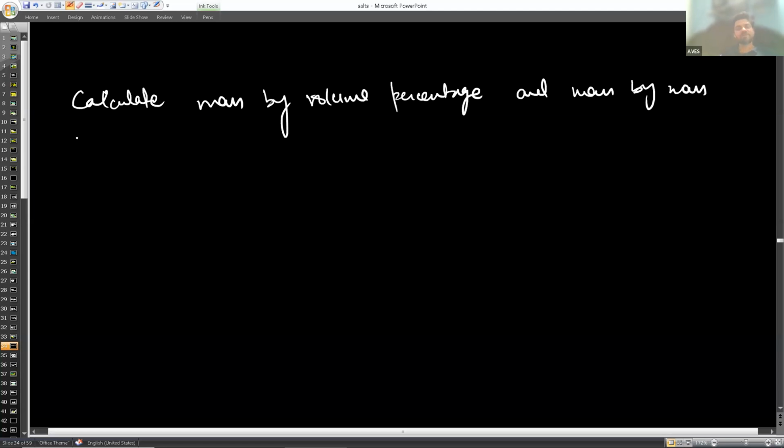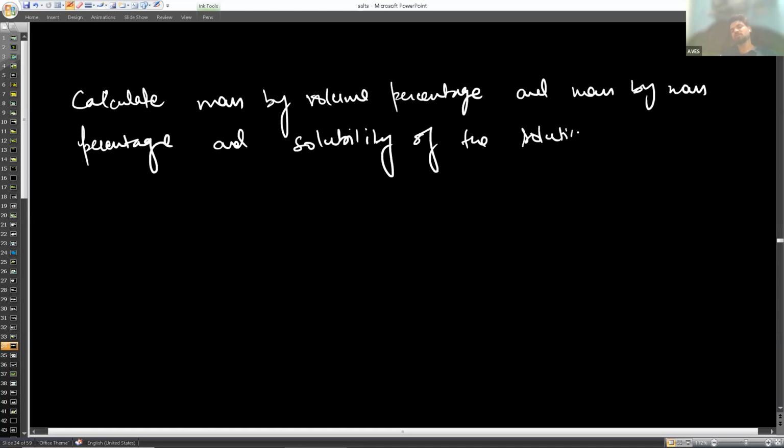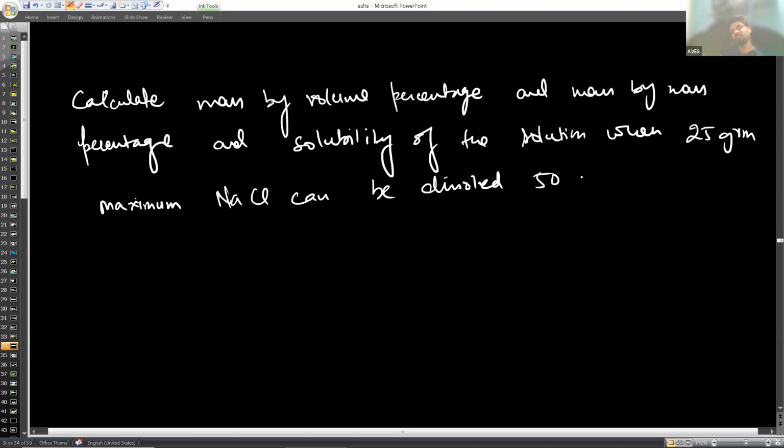Calculate mass by volume percentage and mass by mass percentage and also solubility of the solution when 25 gram NaCl can be dissolved in 50 grams of water.